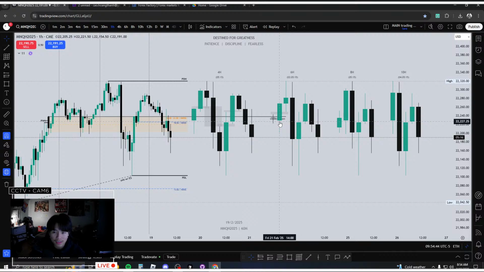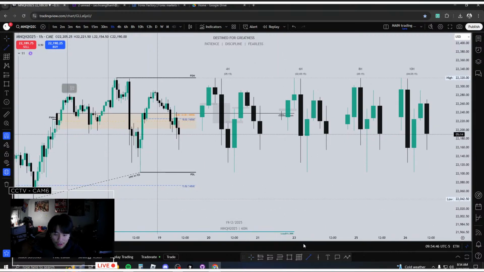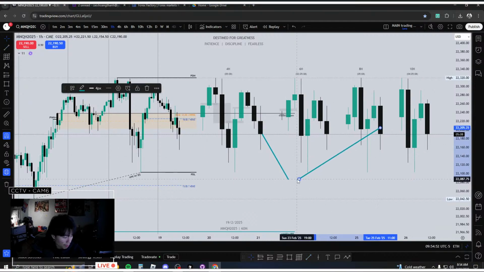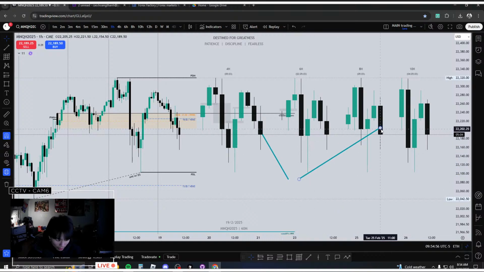Alright, about 5 minutes left until we close here on the 4-hour candle and the 8-hour candle. Both time frames still suggesting, well, actually the 8-hour candle is a little bit more bearish in comparison to the 4-hour.